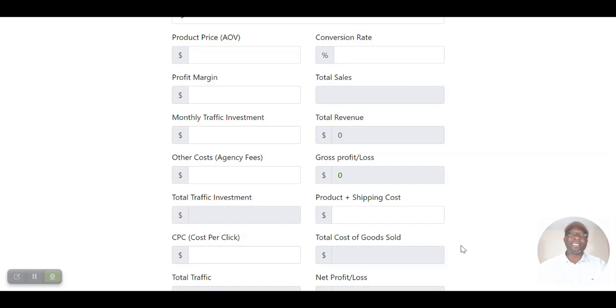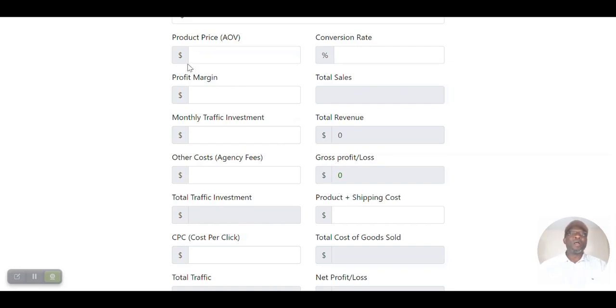ABC Limited is an e-commerce business. I'm using an e-commerce business here because it's easy for me to just quickly plug in the numbers. But if your business is not an e-commerce business, you can still make use of these strategies in your own business. So just pay attention. And then once we are done here, go ahead and start implementing this in your own business.